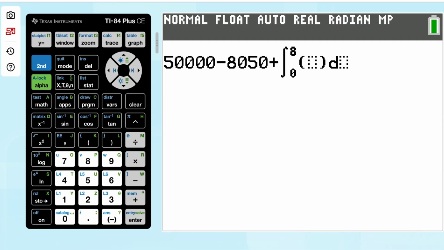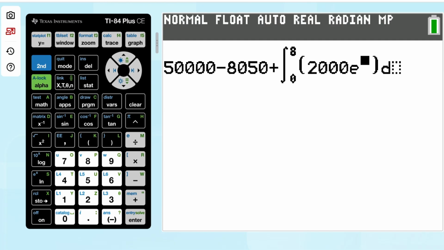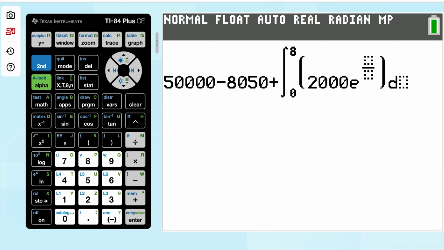W of t, where W of t was equal to 2,000 e to the power of negative t squared over 20. So I'm going to hit alpha and the x button next to it to give me this nice little fraction up there.